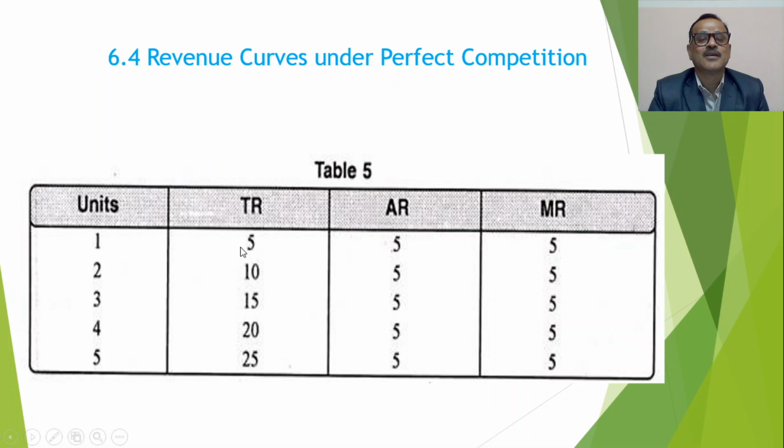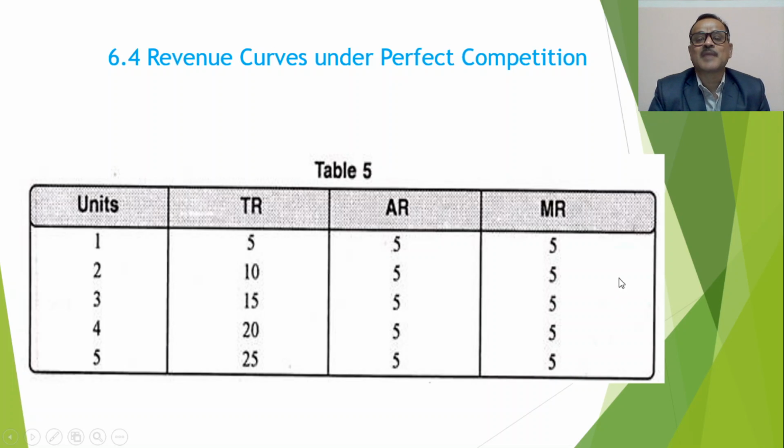So you can see 5 in the initial stage, and additional revenue is again 5, so 5 plus 5 is 10. And again, the third unit, 10 plus 5, 5 is additional revenue. So 15 plus 5 is 20, this is additional 5, and 20 plus 5 is 25 in the fifth unit, this is also 5.